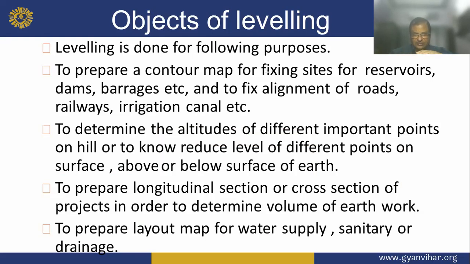Here, to determine the altitude difference, important points on a hill, we need to know the reduced level of the different points on the surface, above or below the surface of the earth.